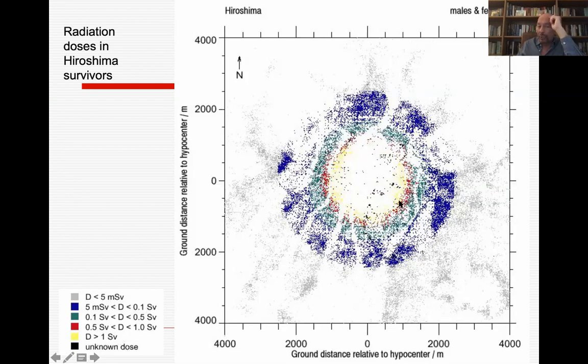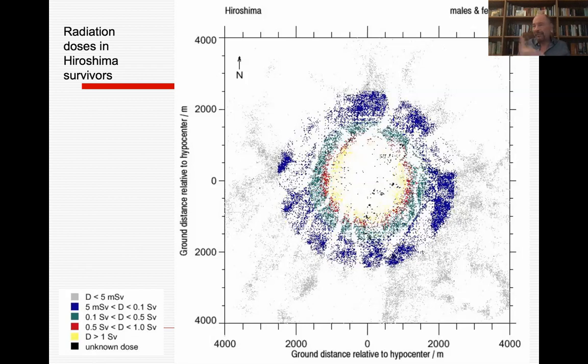The yellow dots here are doses greater than 1 sievert. Then the red, if you go far from the hypocenter, the dose goes down. We will see this when we will see the atomic bomb, but you can already expect that the decrease is essentially exponential. These are mostly gamma rays. There is a little component of neutrons, but these are mostly gamma rays.